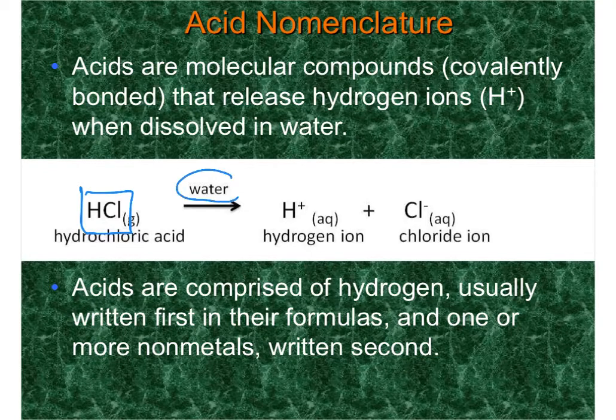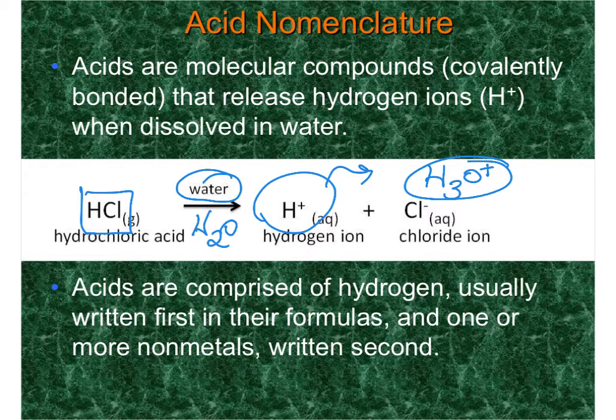And by definition, it produces hydronium or hydrogen ions. Now, we'll get into acids and more about their chemistry later on in general chemistry, but just for now, this hydrogen ion exists pretty much piggybacking with a water molecule, and we call that a hydronium ion.